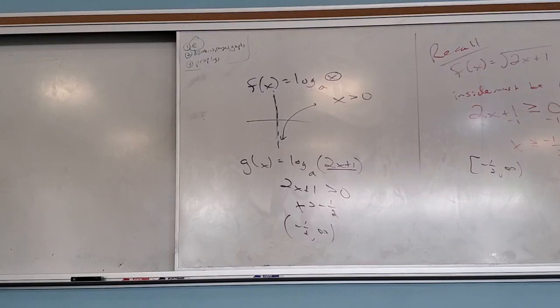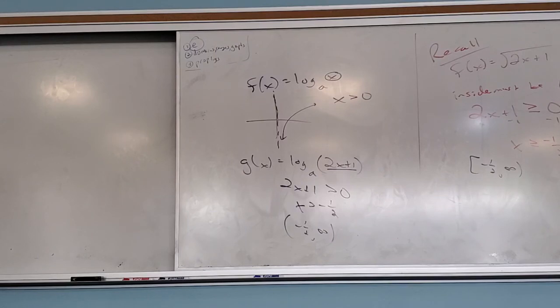So you can do this 2 different ways. If I do this using the quotient rule, how can I rewrite this? Log 1 minus log 10. 10 to what power is 1? 0 power. 10 to what power is 10? 1. 0 minus 1 is -1.